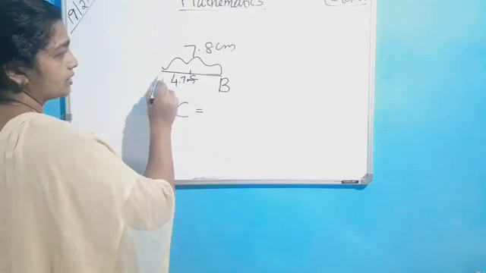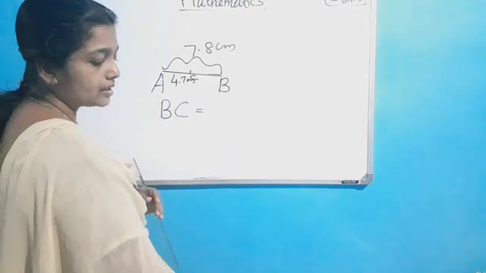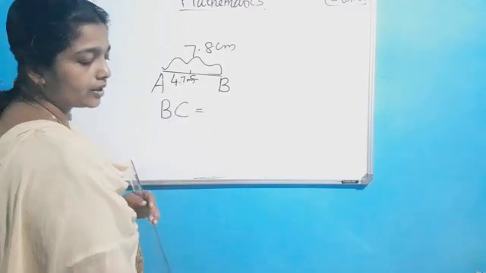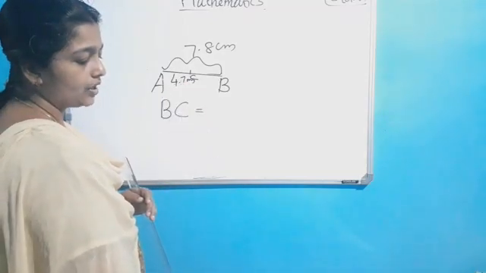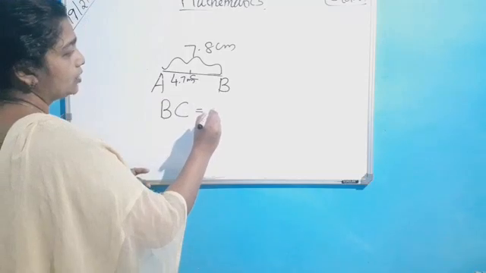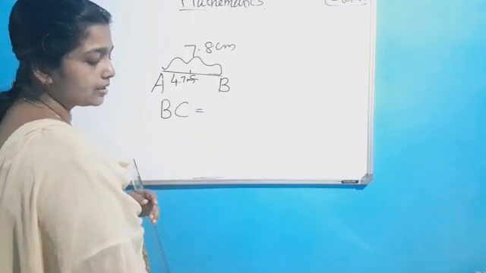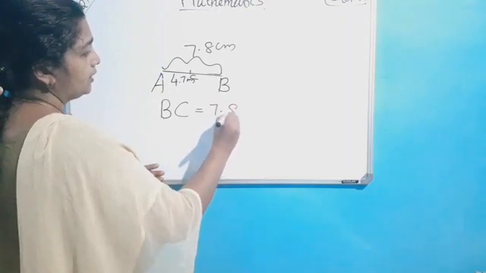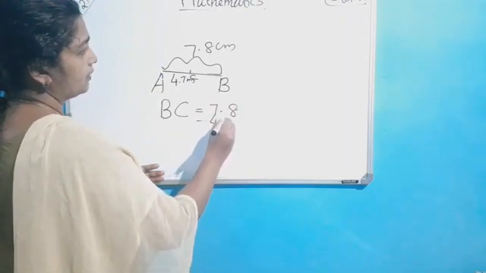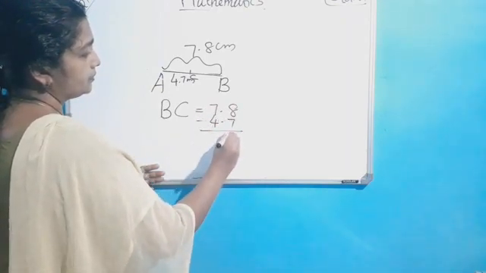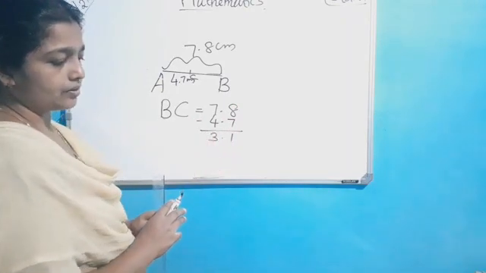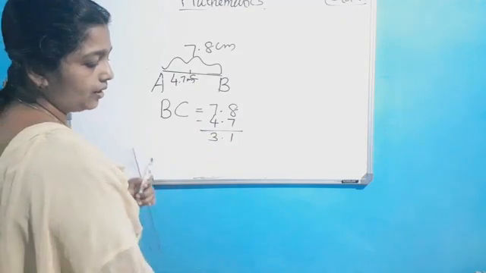So first draw AB of length 7.8. Next cut off AC of length 4.7. Next measure BC. BC equals total AB minus AC, that is 7.8 minus 4.7, which is 3.1 centimeter. Clear? Yes. Next one.